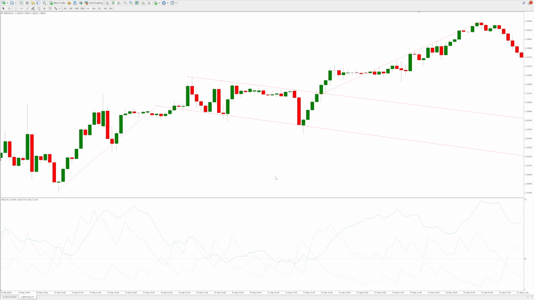For example, the ADX here. ADX is an indicator that shows you market trends and the strength in these market trends. Basically, with this indicator, you can see in the window here, you're looking for the green line to be above the red line for an uptrend, which is what we're looking for with the bullish flag pattern.